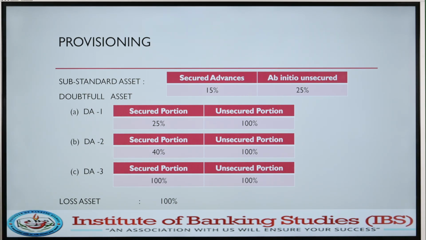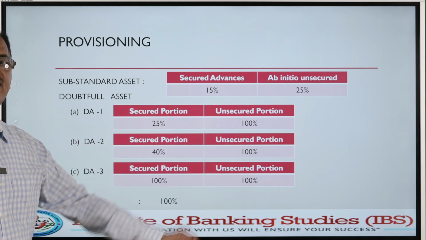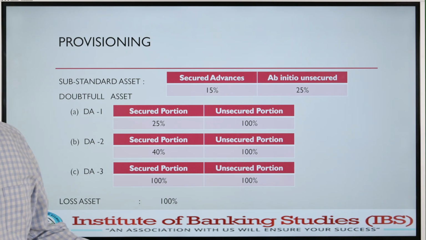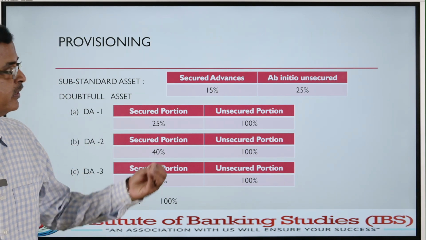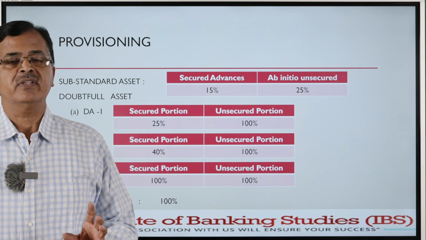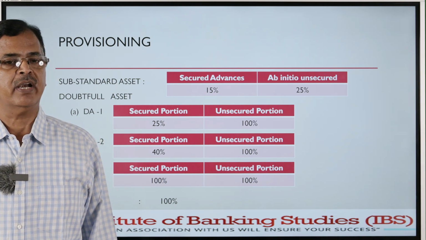When we analyze the provision requirement for non-performing assets, for substandard assets, the secured portion of the advance attracts 15%, whereas those substandard assets which are ab initio unsecured require 25% provision. We can cite an example for ab initio unsecured.